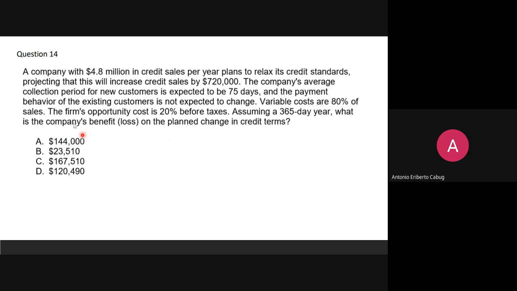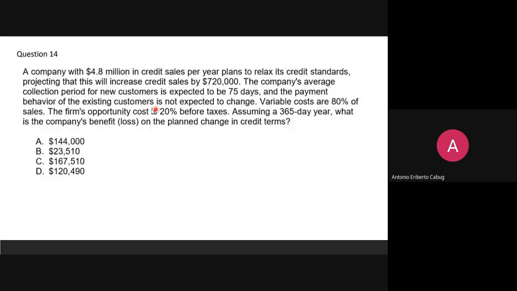Okay, game. A company with $4.8 million in credit sales per year plans to relax its credit standards, projecting that this will increase credit sales by $720,000. The company's average collection period for new customers is expected to be 75 days.